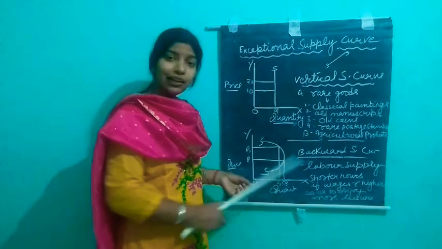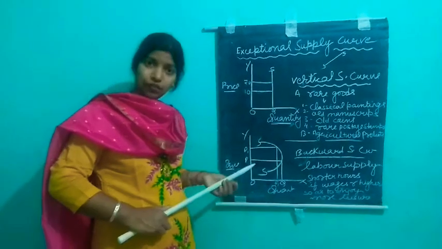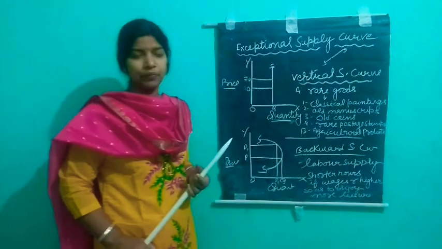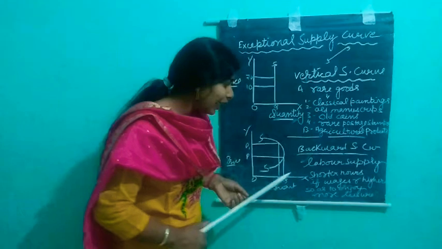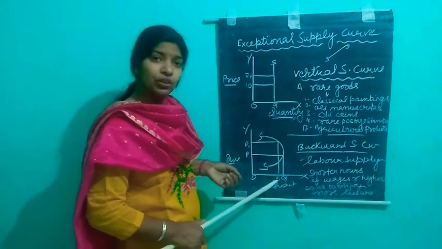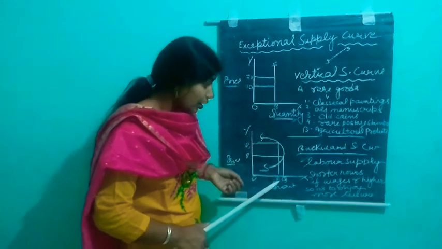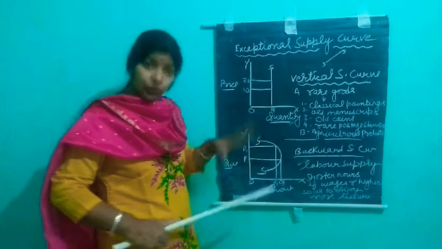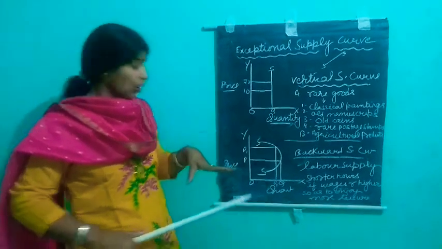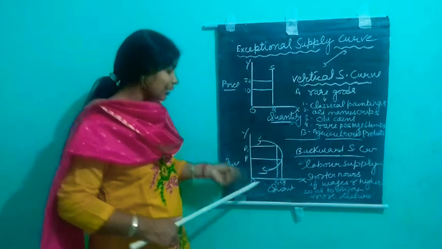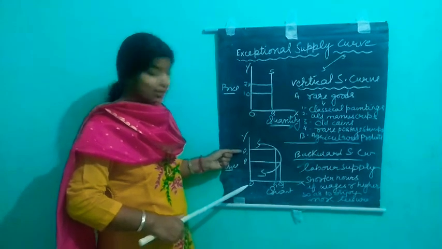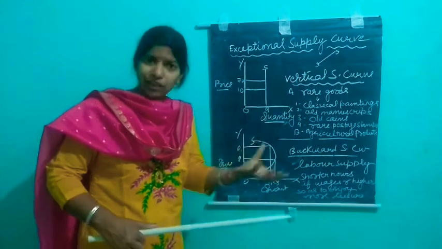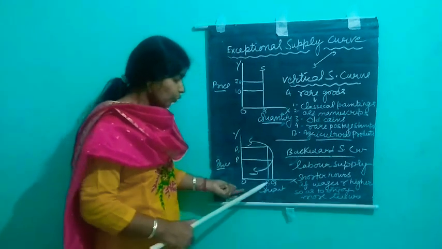Now we can see that the backward sloping curve may occur in the case of labor supply. In labor supply, you can see shorter hours if wages are higher. It means when the owner of the firm is giving OP1 wages, then the quantity supplied of hours, meaning how many hours they are working, is OQ1.